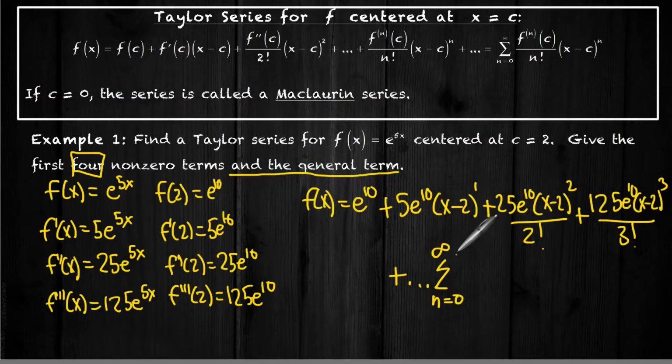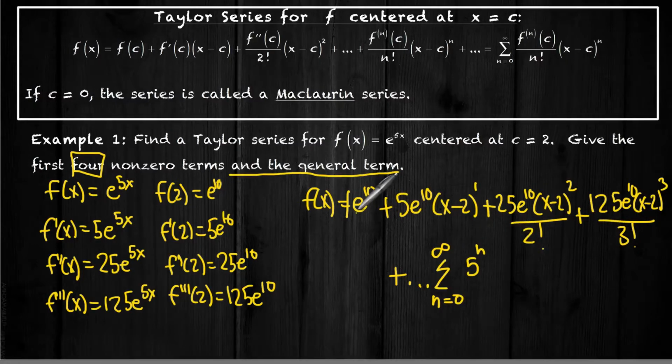Now let's just take a look and see what we have here. Well, if I put a 1 right here, we have powers of 5. 5 to the 0 is 1, 5 to the first is 5, 5 squared is 25, 5 cubed is 125. So we are going to need something in our general term that represents the powers of n. So we'll say 5 to the n.